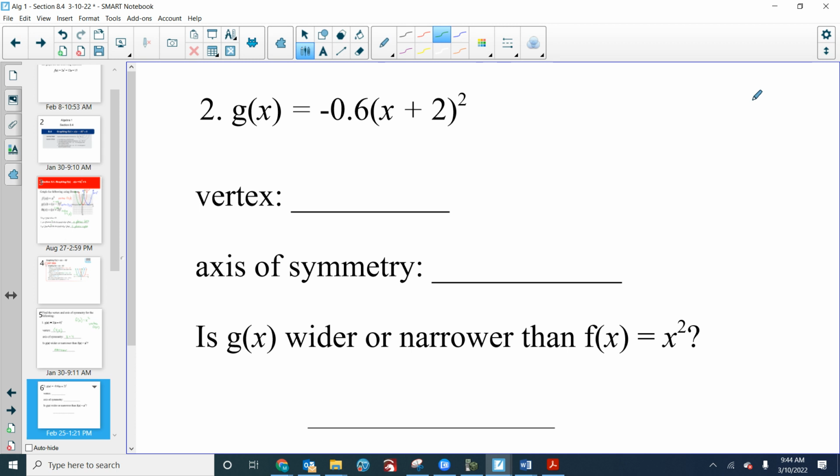Compared to 0, 0, right? g of x equals x squared. Now we have a new equation. Where's my vertex going? So what's my new coordinates of my vertex?